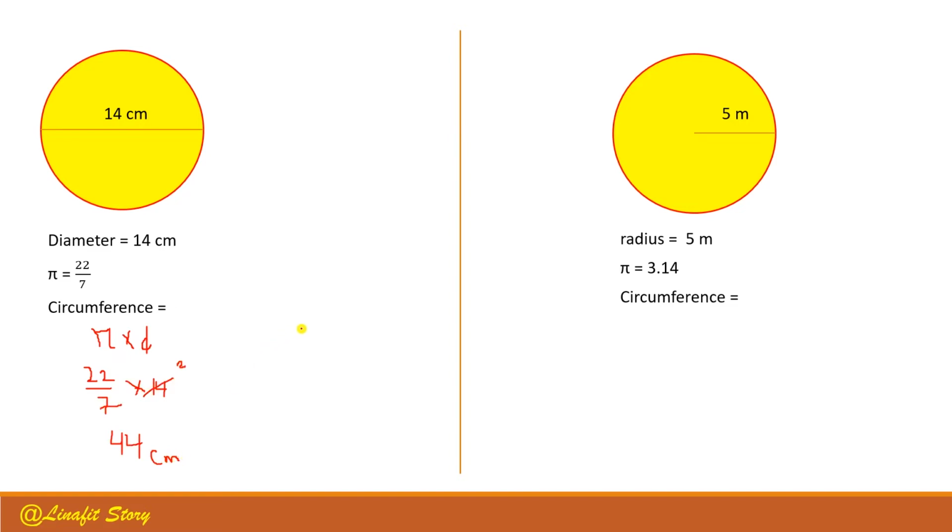Or you can use another formula, 2 times pi times radius. So 2 times 22 over 7. If the diameter is 14, the radius is half of the diameter. 14 divided by 2 is equal to 7. So the radius is equal to 7. So the answer is equal to 44 cm.